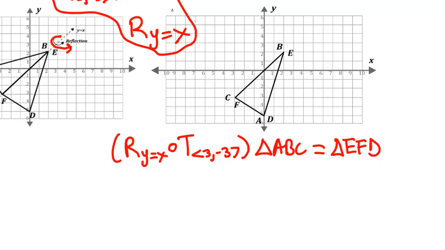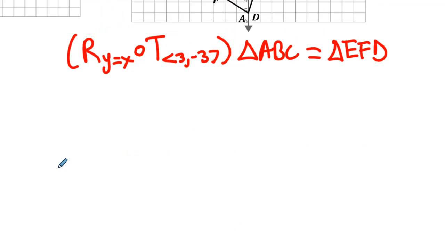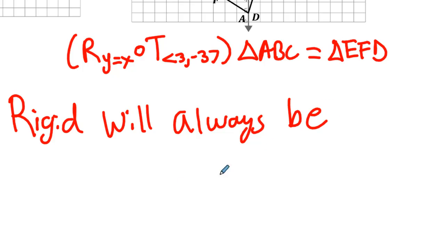Okay? Now here's the big secret that they're kind of trying to hide from you. Any rigid transformation will always be congruent.